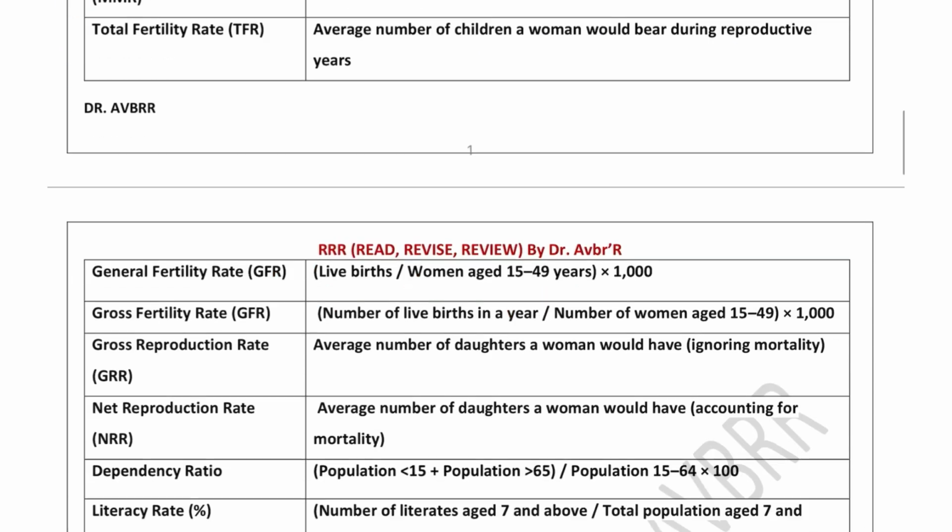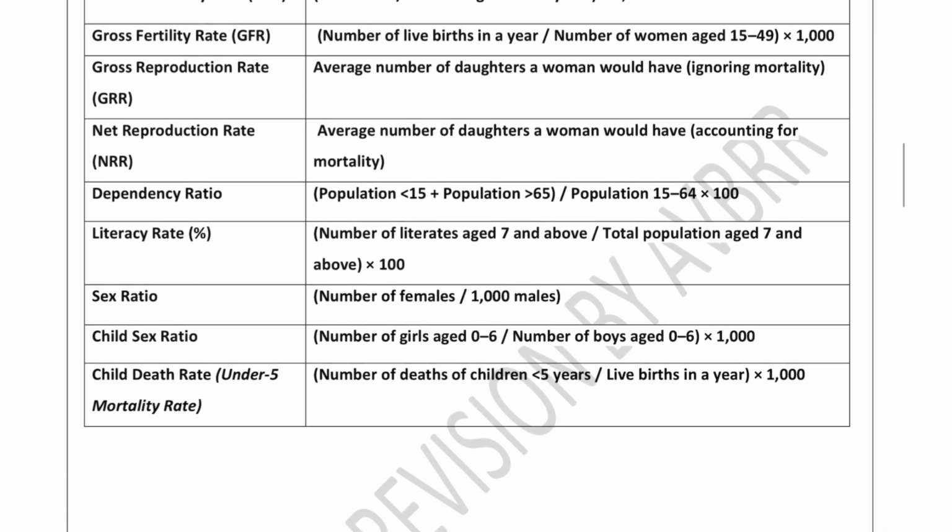Next, the dependency ratio: population less than 15 years and population more than 65 years, these are the dependents, divided by the population of 15 to 64 years, the working population, into 100. Sex ratio: number of females per 1000 males. Child death rate: number of deaths in less than 5 years divided by live births in a year, into 1000.